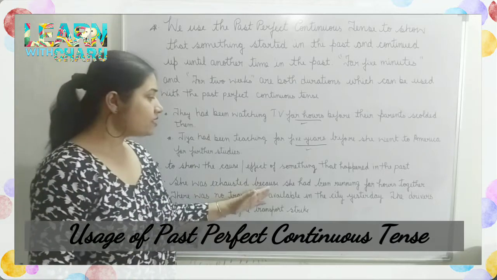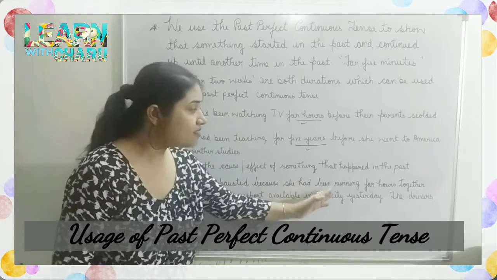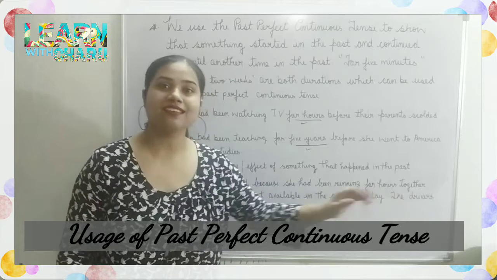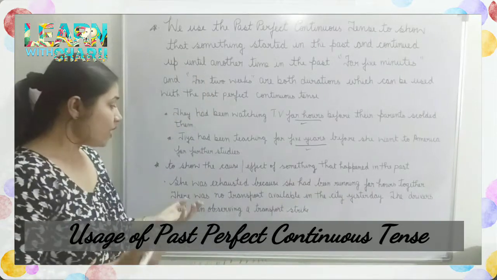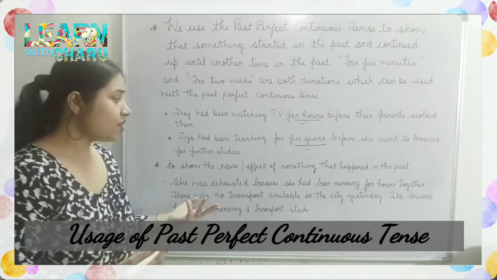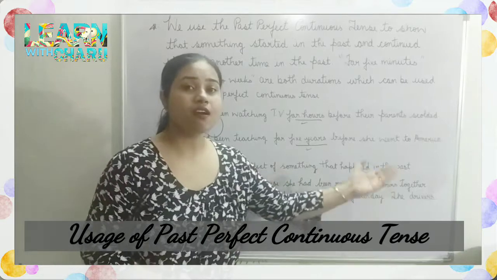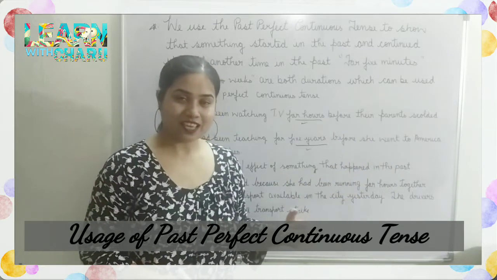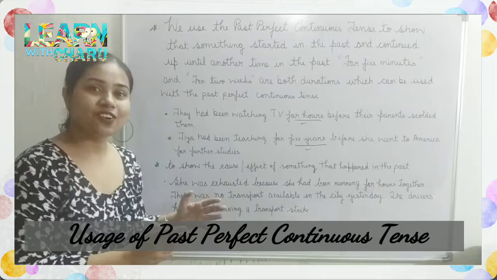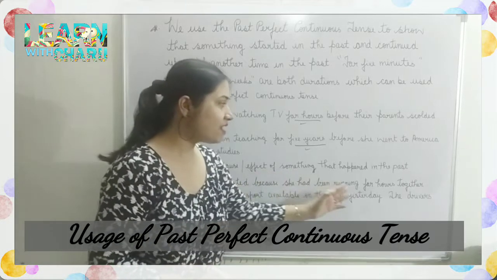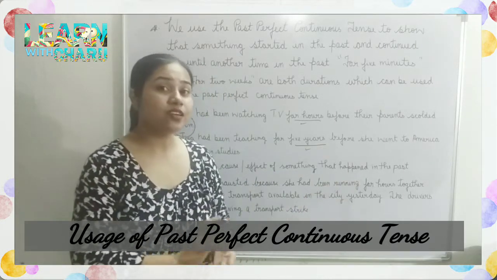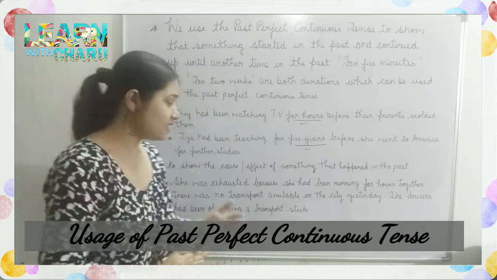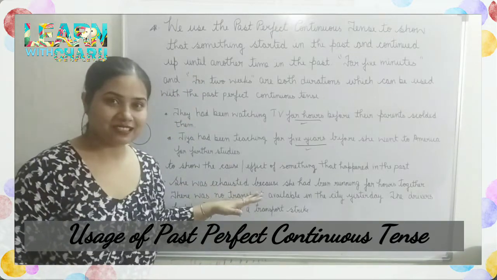Why? Because she had been running for hours together. So this is the cause, that she had been running for hours together. And what is the effect? The effect is that she was exhausted.